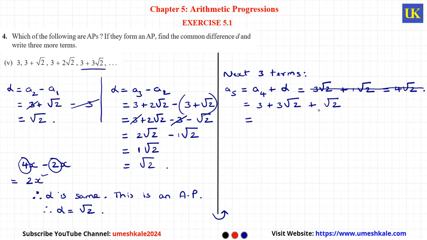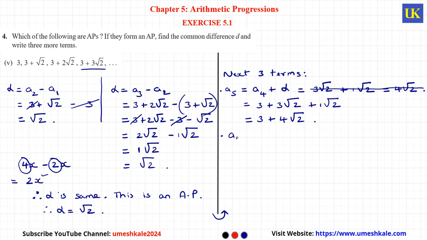So here nothing is there means 1 is there. So 3 root 2 plus 1 root 2 will become 4 root 2. So I will write these 3 as it is. And these things we can combine. So it will become 3 plus 4 root 2. Okay, root 2 has to be considered like an x, like a variable. So this is the A5 term.